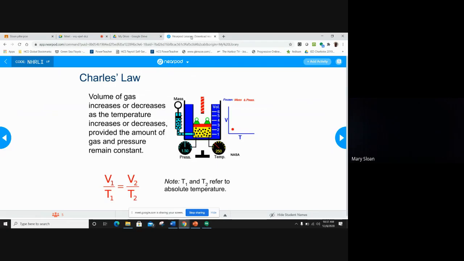Is everybody good so far? My new equation is T2 equals V2 times T1 divided by V1. Are we ready? V2 is 4.00 liters. Multiply that by temperature 1, which is 20 degrees Celsius, and we're going to divide that by our volume 1, which is 6.00 liters.